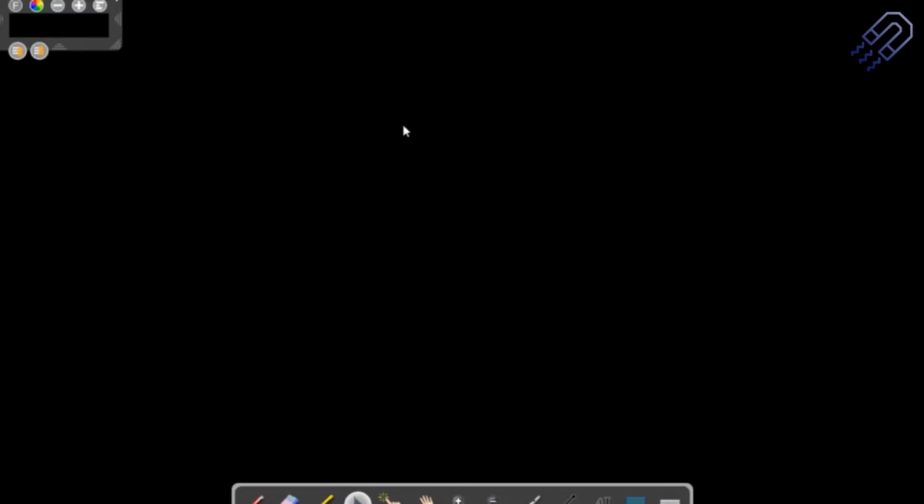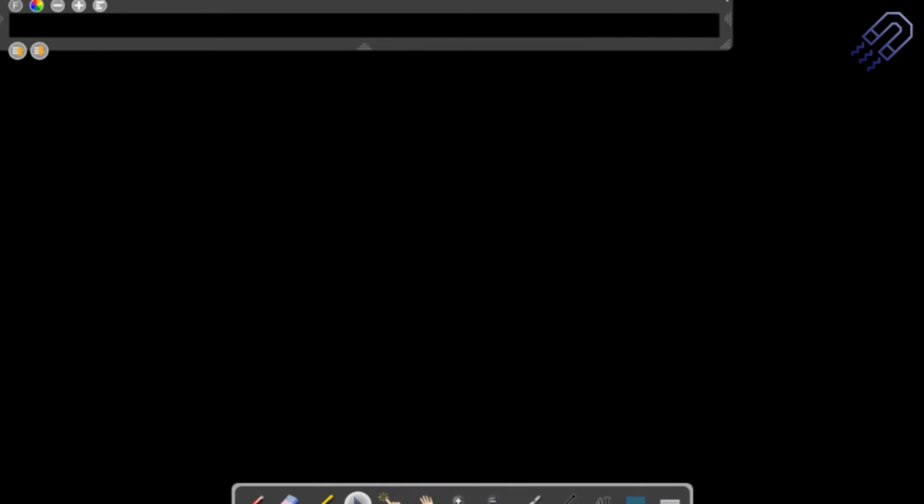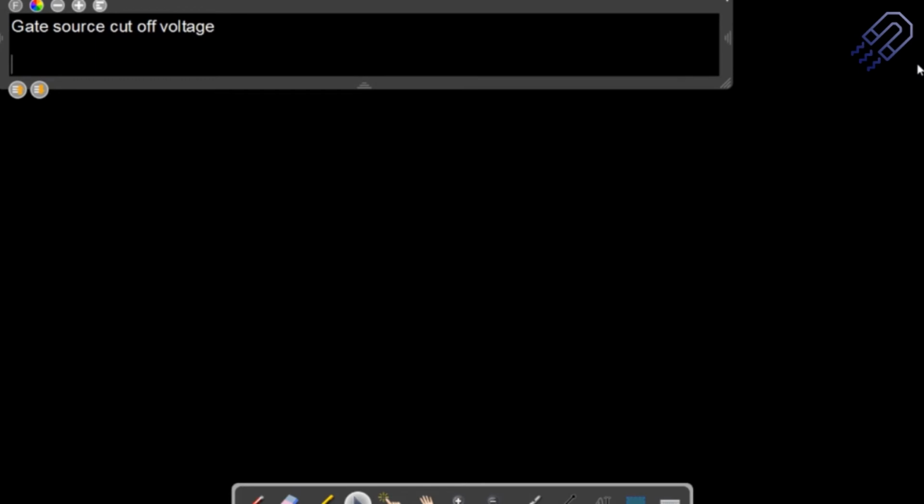It's called the gate source cutoff voltage, and the idea is very simple. It's basically written as VGS off, and it is called that because it is the cutoff, so we need to denote it a different way. I will draw some figures and it will probably be clear. It is the gate source voltage where the channel is completely cut off.